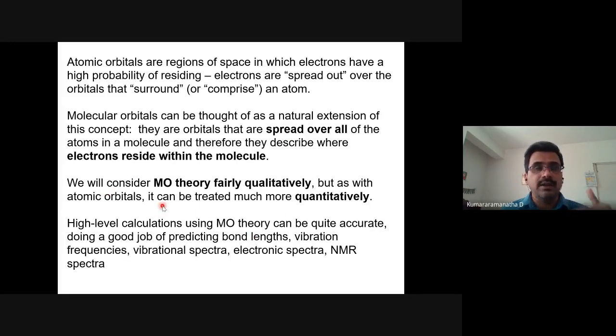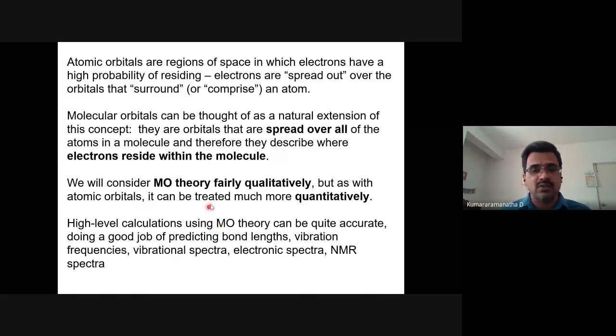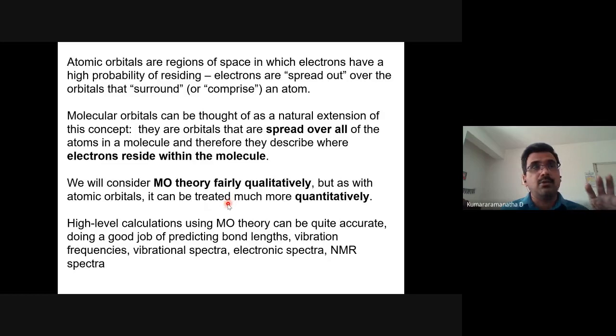What we discuss in our next classes is that MO theory fairly explains both qualitative and quantitative considerations from atomic orbitals to molecular orbitals. It has a lot of implications regarding bond order, bond length, and so on.